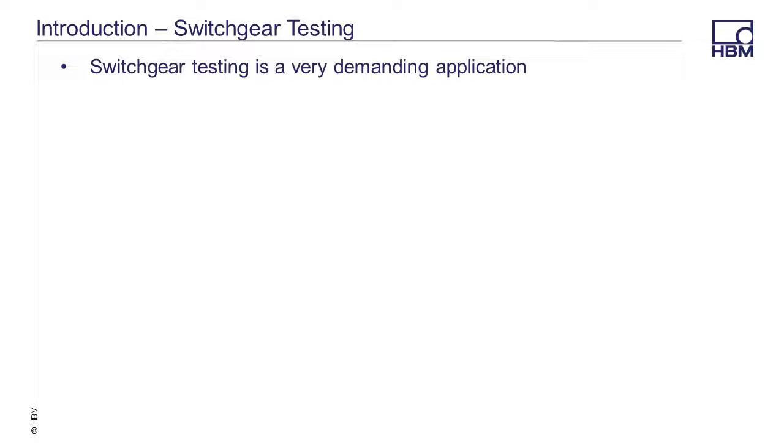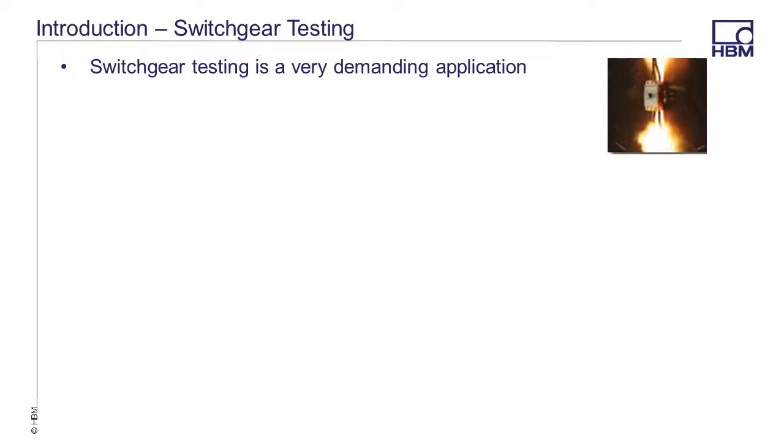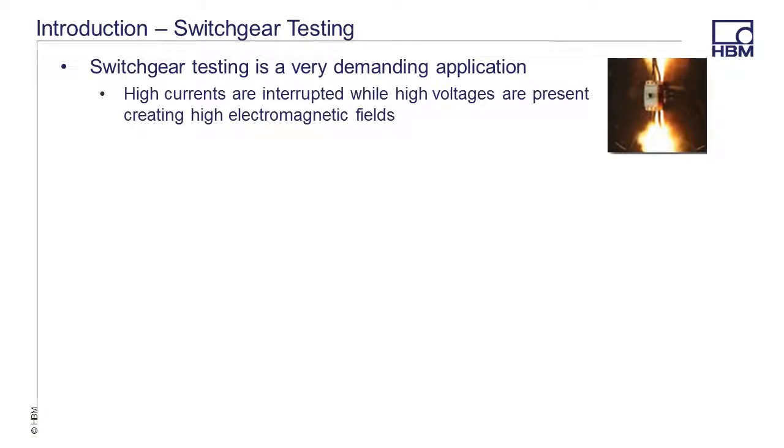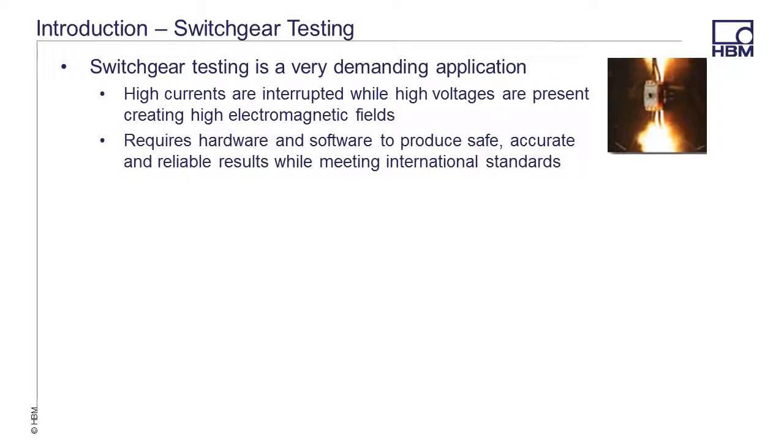Switchgear testing is a very demanding application involving high currents that are interrupted while high voltages are present, creating high electromagnetic fields. As a result, it requires specific hardware and software to produce safe, accurate, and reliable results while meeting international standards.